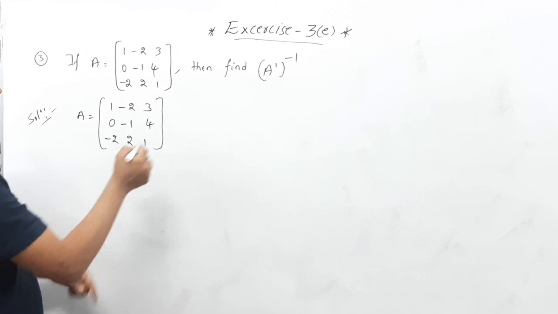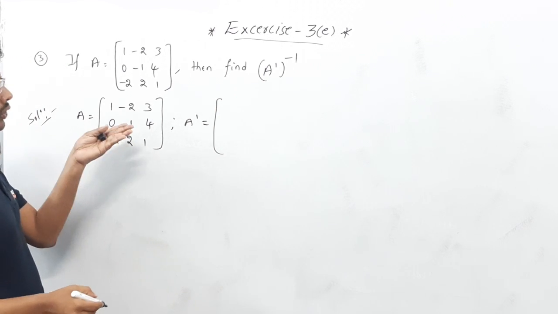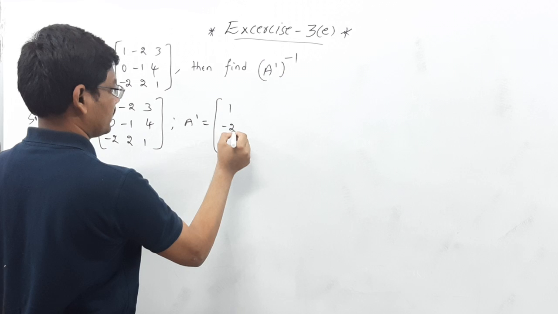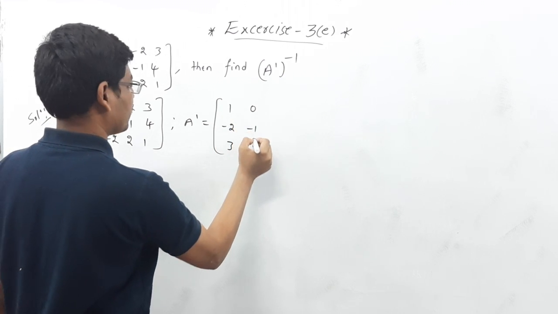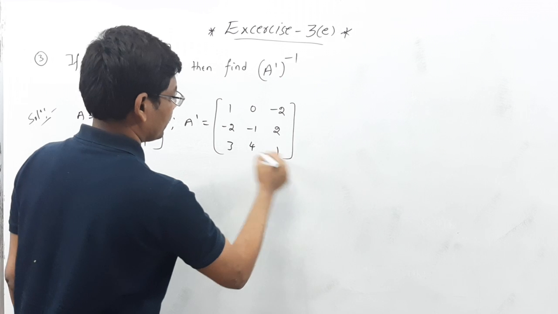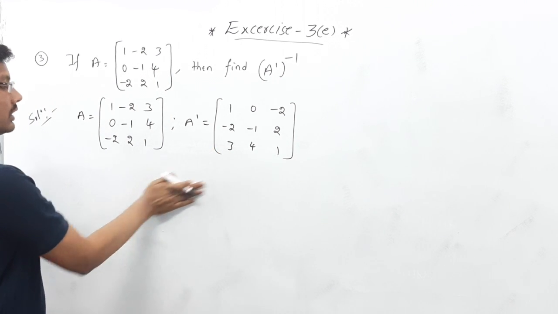A dash will become changing rows into columns or columns into rows. So I am changing to 1 minus 2 3, 0 minus 1 4, and minus 2 2 1, and this is the A dash.